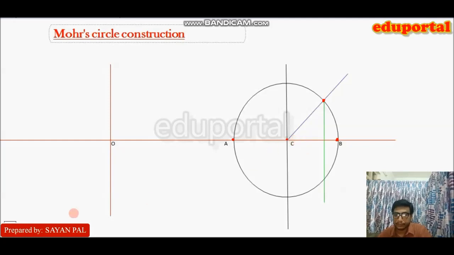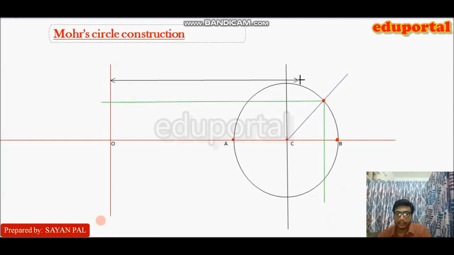Now we will draw two lines, one parallel to the x-axis and one parallel to the y-axis. This distance is the normal stress, and this distance is the shear stress, on the plane which is at 20 degrees with the vertical plane.